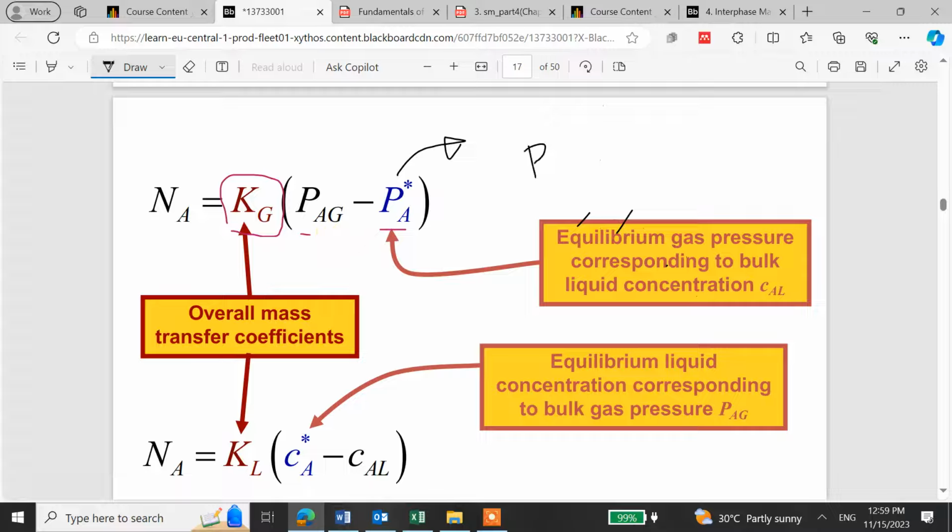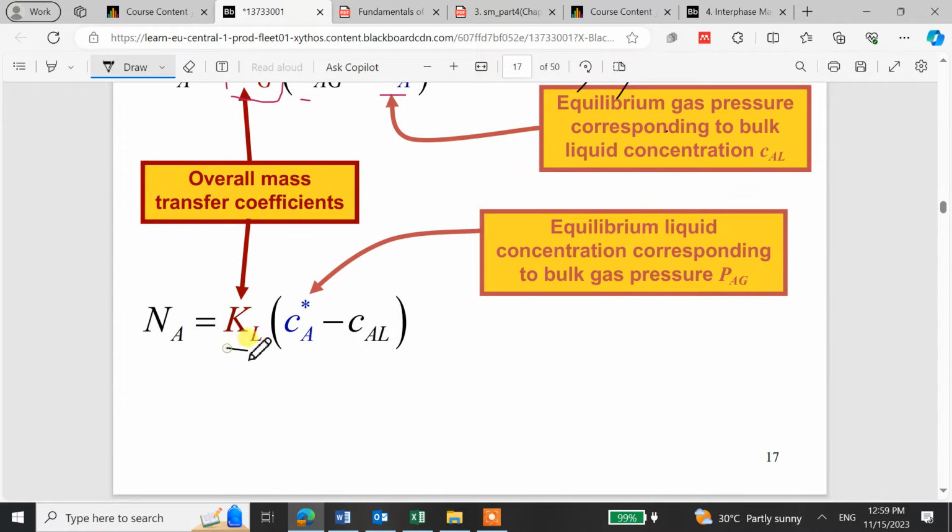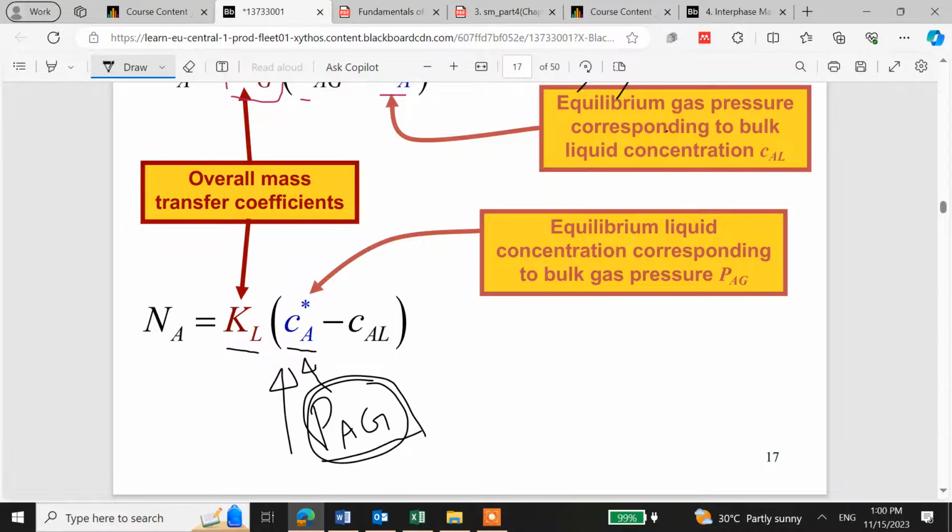So PA star is in equilibrium with CAL. Similarly for the liquid, we'll have KL, then CA star. CA star is in equilibrium with PAG. From the equilibrium relation we know PAG, so corresponding to this PAG, what is the equilibrium concentration? That's the overall driving force.